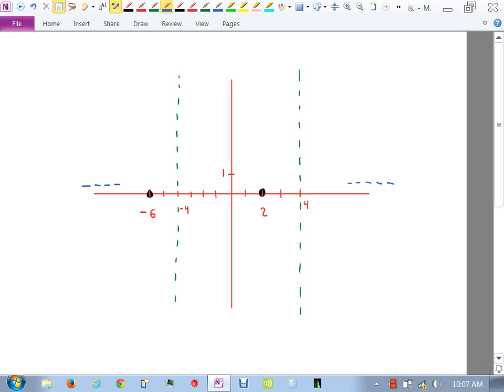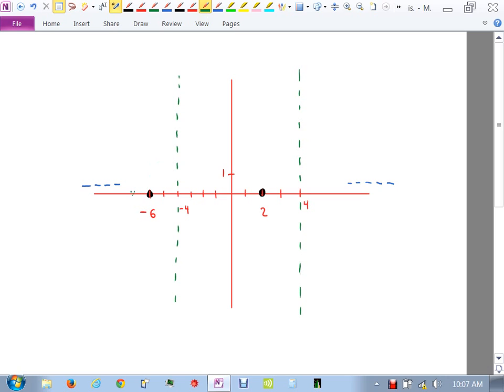That's almost enough to draw it. I just need one more, well, not one more thing. I need some more things, but test points. So someone tell me how many test points I should have. 5, right? 2 x-intercepts, 2 verticals, 5 total. So I need to pick one to the left of -6.